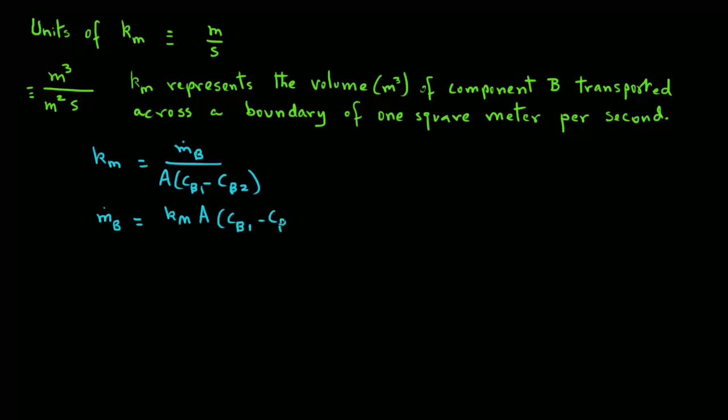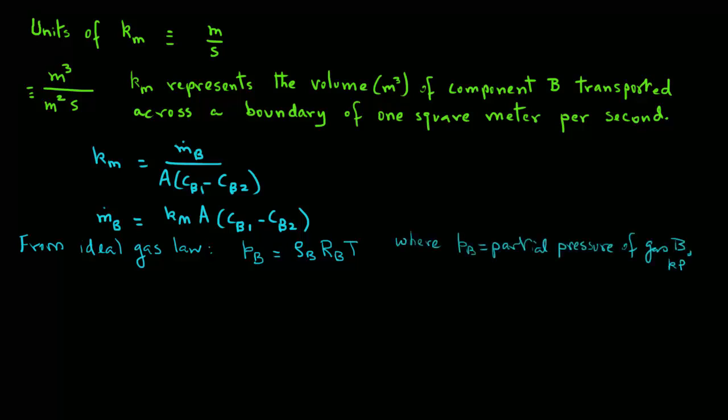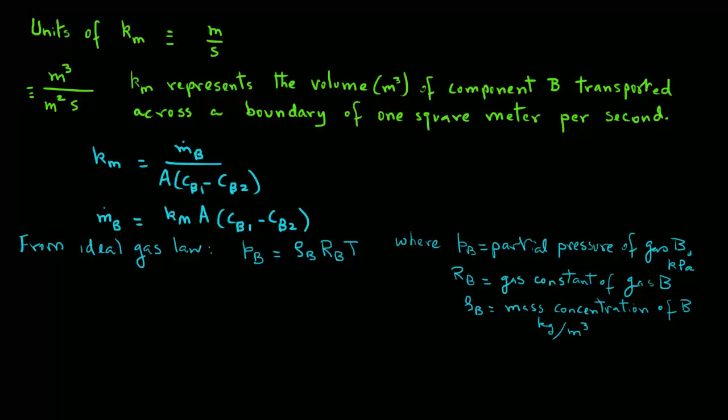Now you will recall from your perhaps first course of physical chemistry that for an ideal gas law we can write Pb equals rho b times Rb times T, where Pb is the partial pressure of gas B in kilopascals, Rb is the gas constant for gas B, rho b is the mass concentration of B in kilogram per cubic meters, and T is the absolute temperature.